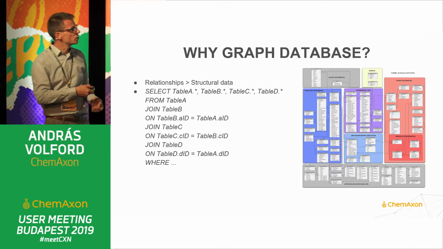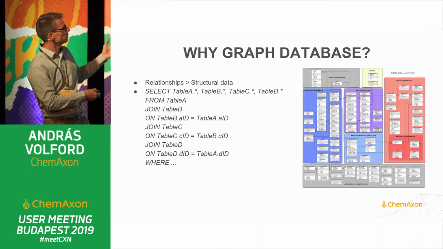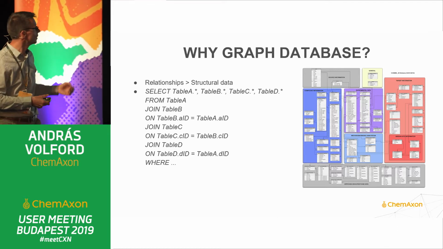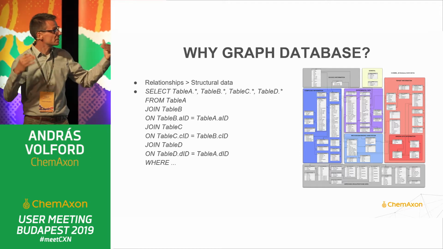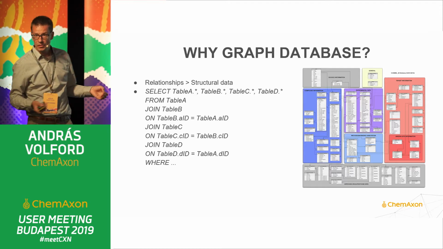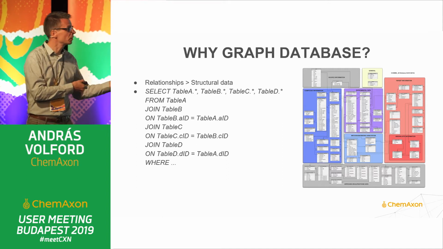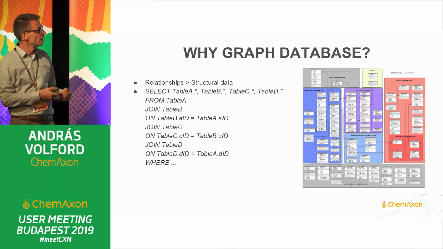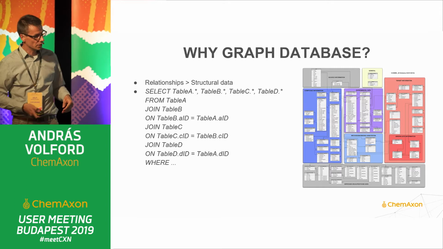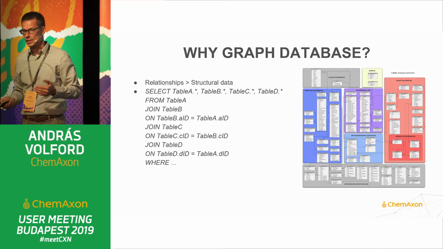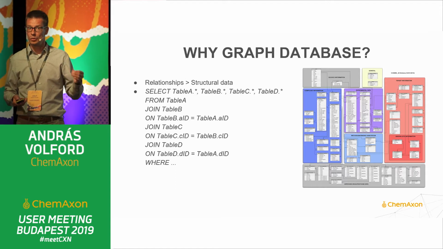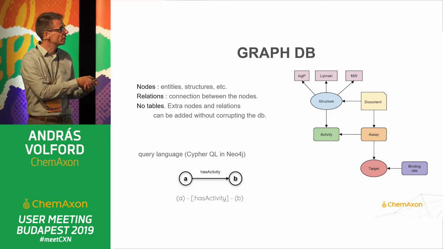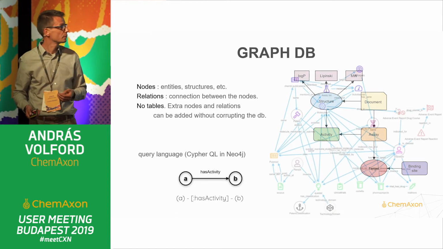Another example is when you are joining multiple tables, like the molecule tables, experimental data, activity data, target data, and you want to join these three or four tables based on specific criteria, like molecular property information, of course molecular structure, and activity or target ID. These join statements are typically very slow in relational databases, while they are extremely fast on graph databases because, as you remember, the nodes have direct information for this data.